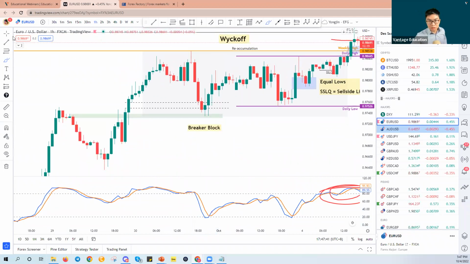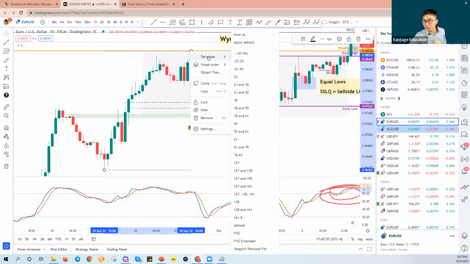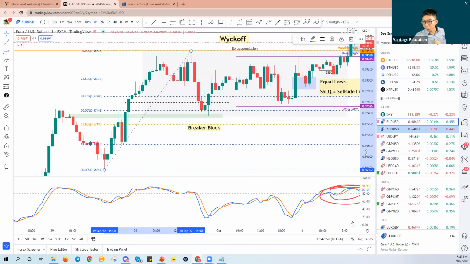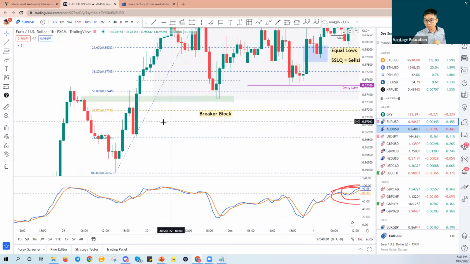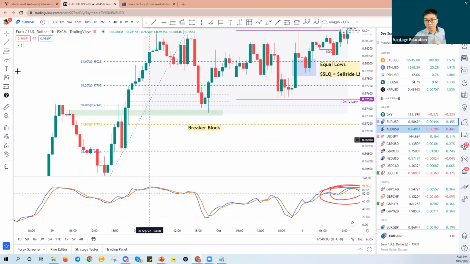So now let us draw one more thing. We can use the Fibonacci. I'm sure many of you guys have used it. We can get the Fibonacci from the bottom to the top. Let me change all fibs. So what we are looking at, let me draw it.